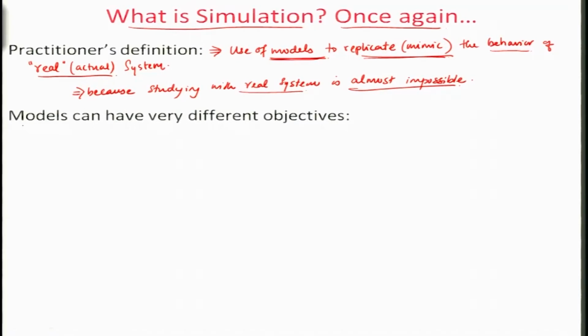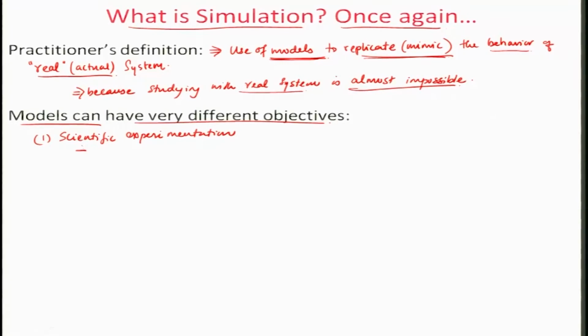And obviously the models can have very different objectives. The major objectives you can think of in multiple ways. The first set of objectives is scientific experimentation. What does this mean?